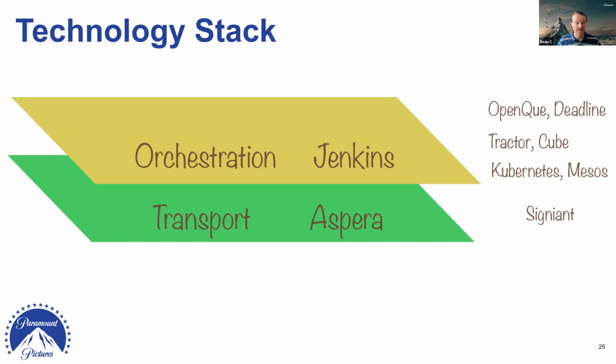Our team chose Jenkins because of the ease of configurability and flexibility. In the free and open source category, you might choose OpenCue or Deadline if those are available. Commercial products such as Tractor or Cube could also be good options. And our team believes that even technologies such as Kubernetes and Mesos could be used for process orchestration.